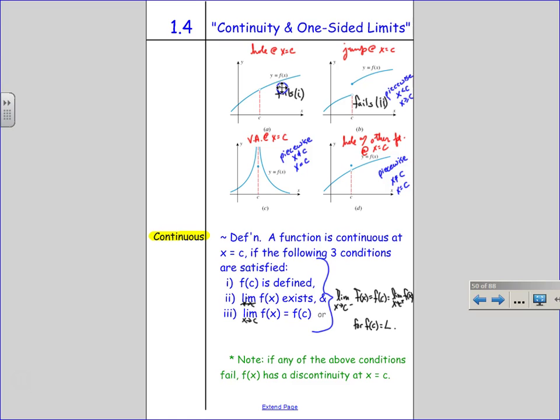How about number 3, the vertical asymptote at x equals c? What does it fail? If the point wasn't there, where would it fail? The first one, yeah. But since the point is there, there's a y value. So what doesn't work? You can kind of say 2 and 3. Why? Does the limit exist?